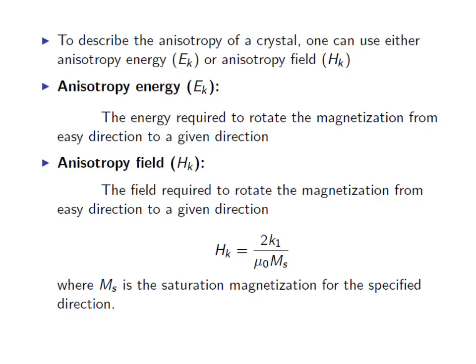Anisotropy field is given by equation Hk equals 2k1 over mu naught ms. Here mu naught is the permeability in air, ms is the saturation magnetization. Hk is large along the hard direction, Hk is small along the EC direction.